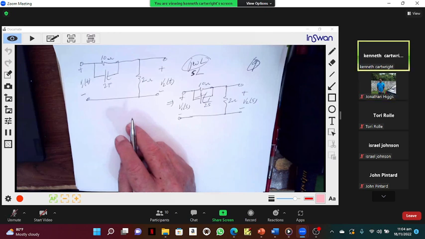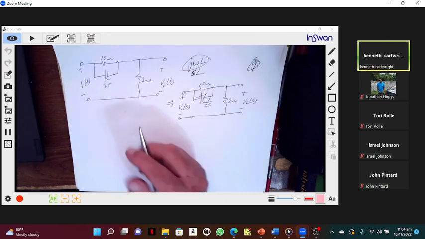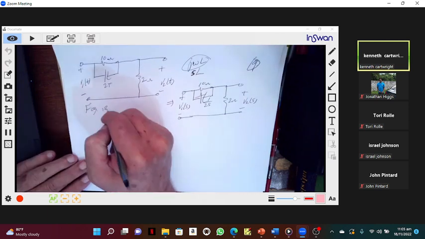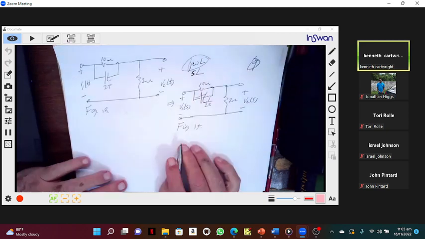What figure number are we up to? Okay, figure 13. All right, what's the question?